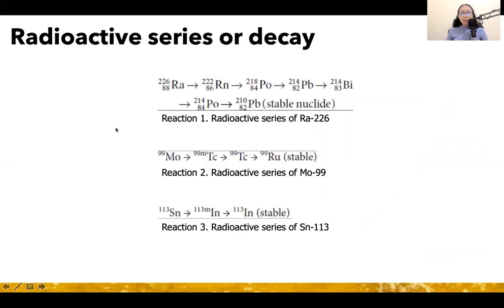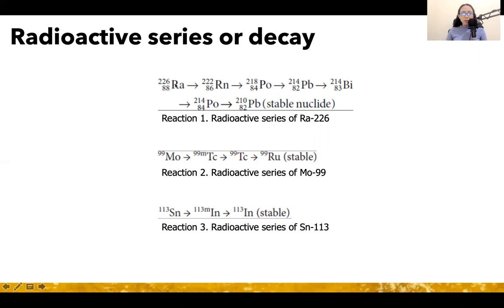So, these radioactive processes, these nuclear reactions or radioactivity, can sometimes occur in a series. So there is what we call a radioactive series. Again, it's because this is an attempt of a nuclide to reach the belt of stability. There are three examples here: radium 226, molybdenum 99, and tin 113. Notice that the longest here is that of radium 226.